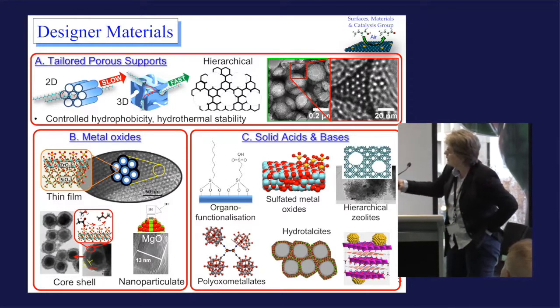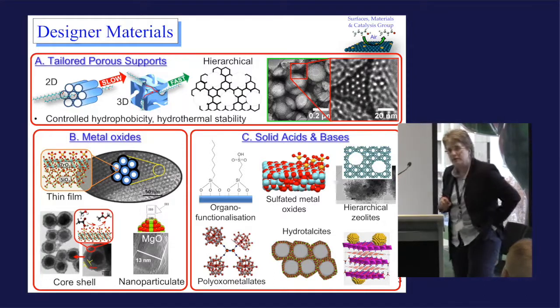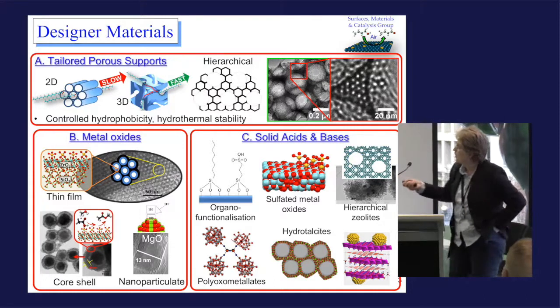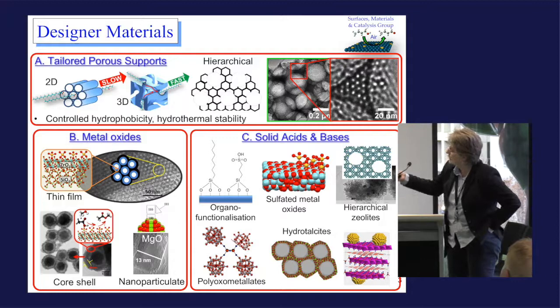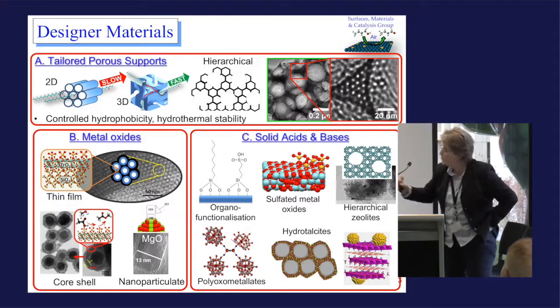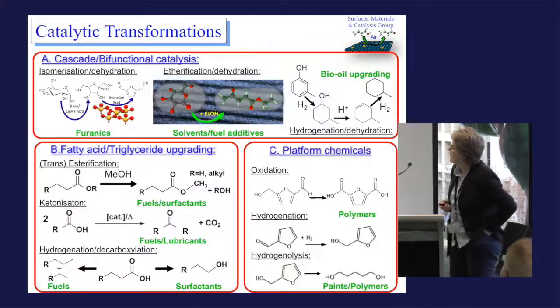And also in the bifunctional catalysis space, looking at Keggin units or polyoxometalates, which also allow you to look at strong acids that can couple with homogeneous catalysts for doing tandem reactions.